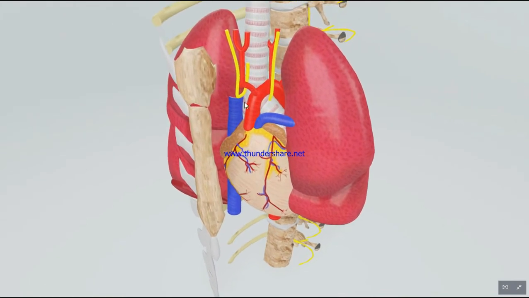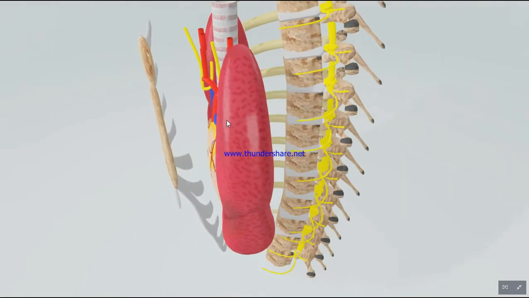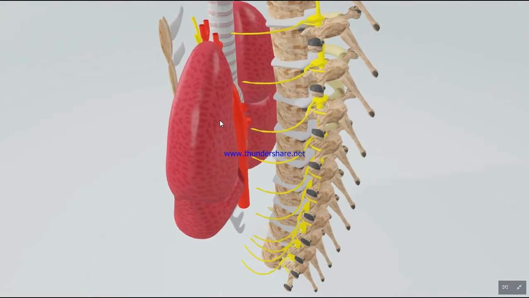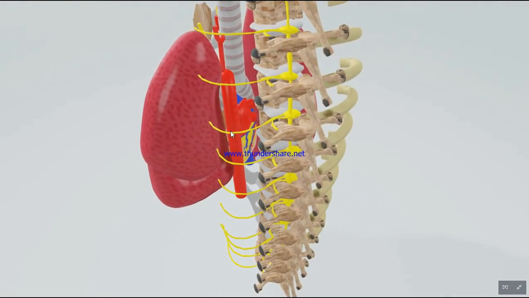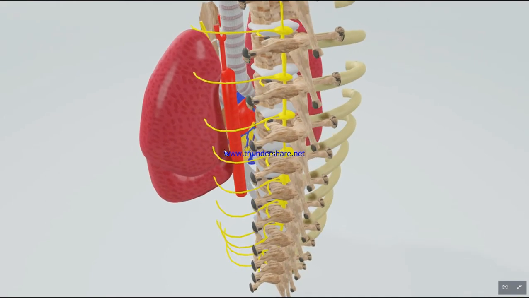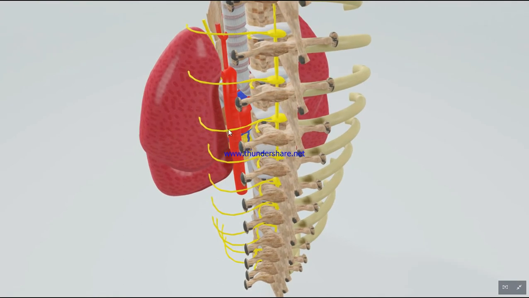So here we have the trachea and the right and left primary bronchi, and this bifurcation of the left and the right primary bronchi. What you'll also see here, for some of my medical students and my other allied healthcare students who do cadaver labs with me, is the left lung and the right lung.